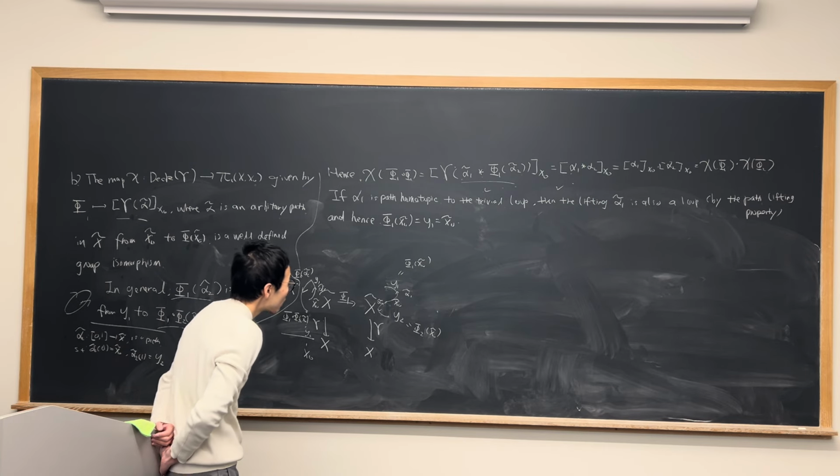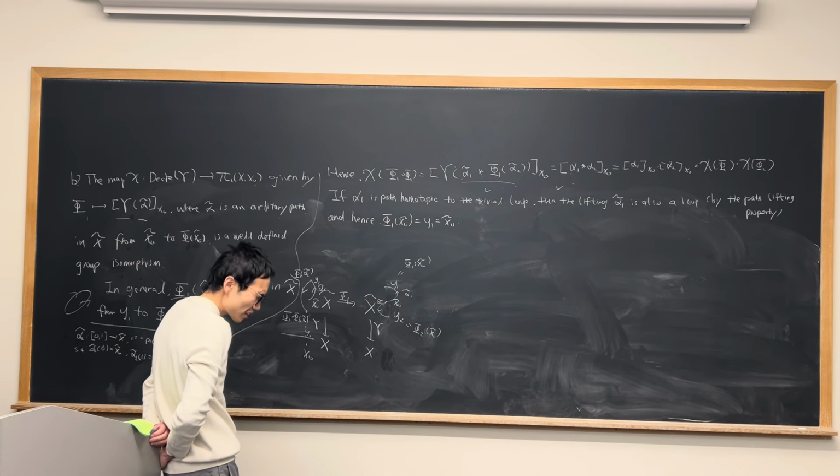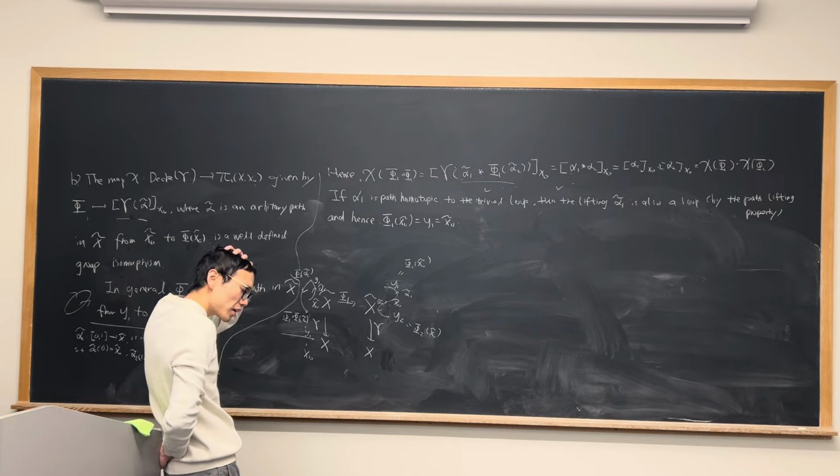Okay, so let's see why the lifting is also a loop. It says by the path lifting property, right? What is the path lifting property? Oh, okay. Wait.